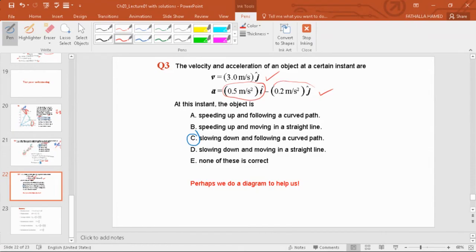The parallel part here will work on changing your magnitude or speed, and of course, since it's minus, that means it's opposite to the velocity. That's why we say that you are slowing down and following a curved path here. So you should basically look at them in this way. Any questions so far? Is this clear of how we deal with this?